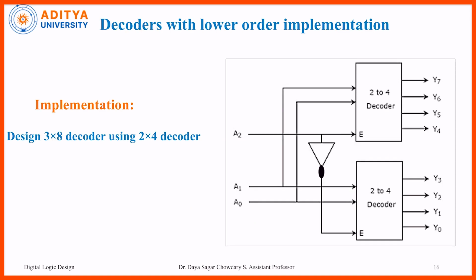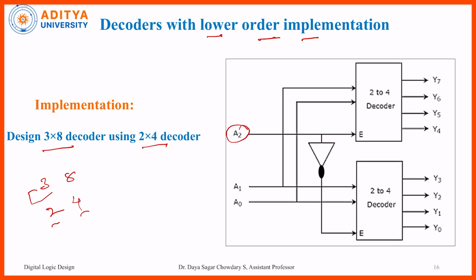And mostly we use this to convert a higher level decoder to a lower level decoder. That is why we kept this as a lower order implementation. This is a simple 3 to 8 decoder, and we have to convert this to 2 to 4 decoders. For the 3 to 8 decoder, 3 inputs and 8 outputs. For the 2 to 4 decoder, 2 inputs and 4 outputs. That is why one input we have to convert.